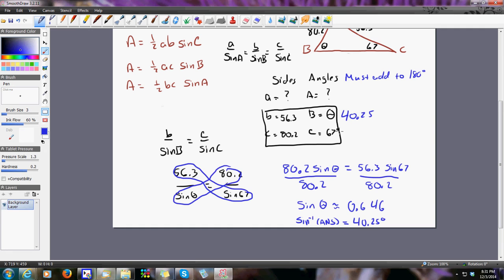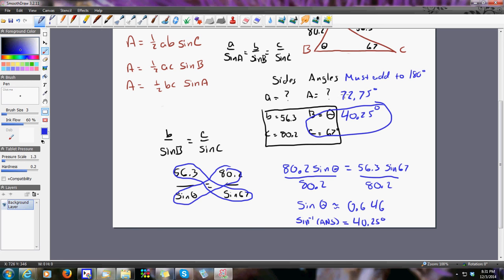And so A would have to be 72.75 degrees. And I found that by adding up this value and then subtracting from 180.